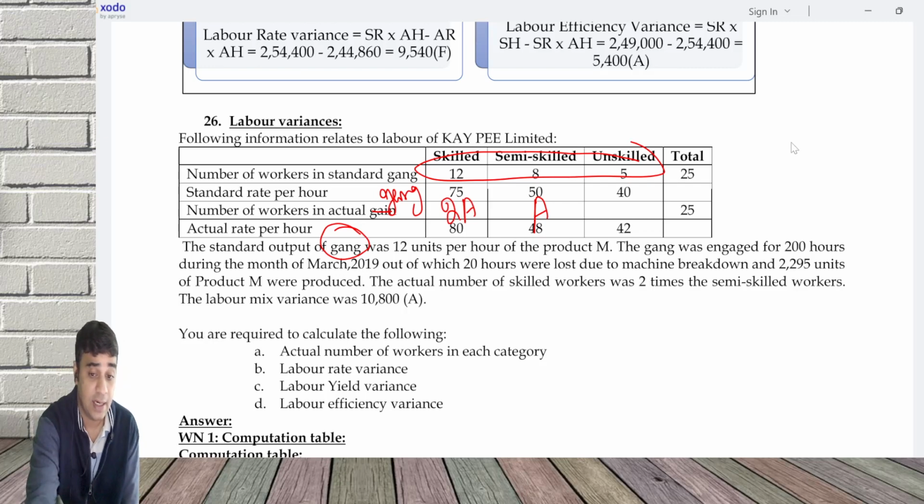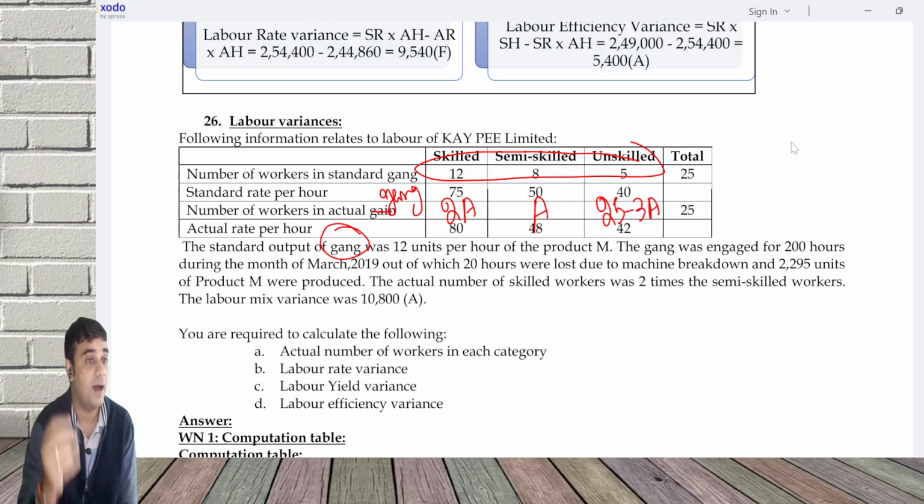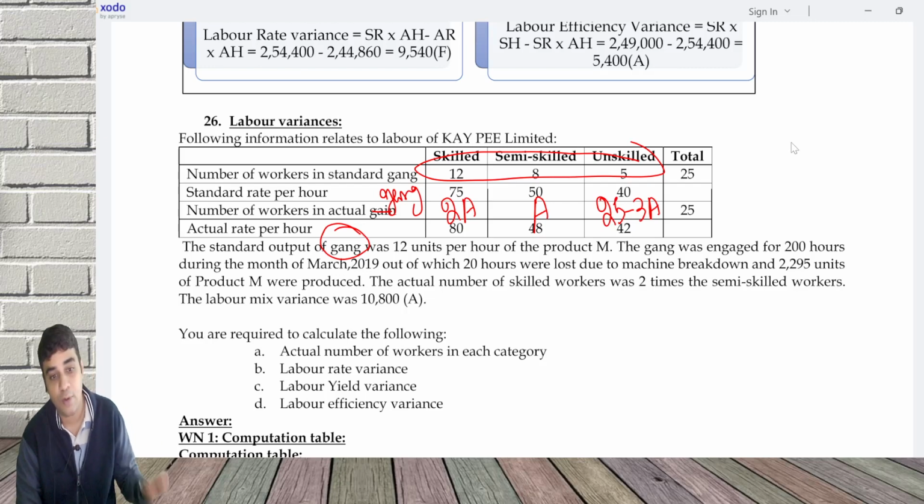And unskilled is 25 minus 3A, because I want everything to be in A so that I can solve and get. If you assume A, B, C, you cannot get the answer. Semi-skilled is A, skilled is double A, and your unskilled is 25 minus 3A.